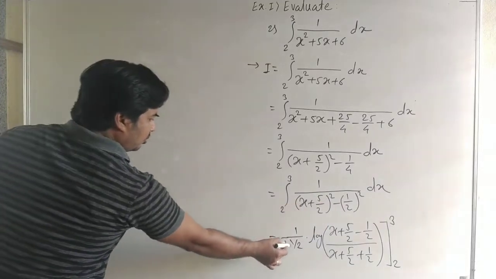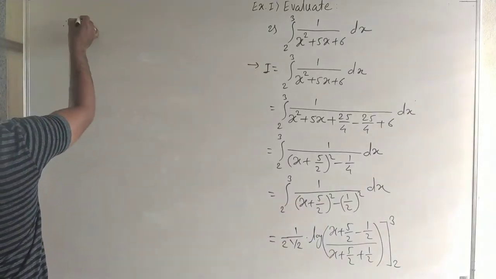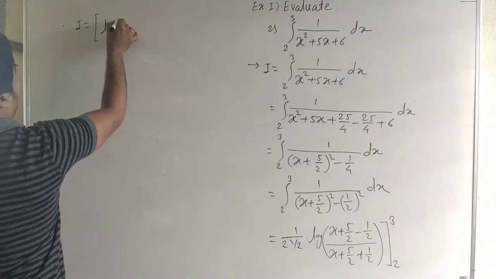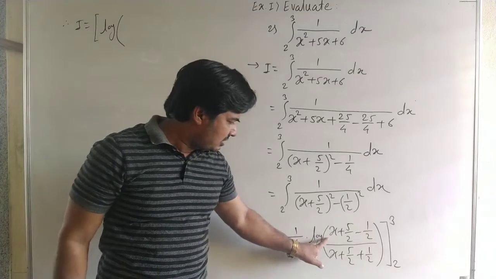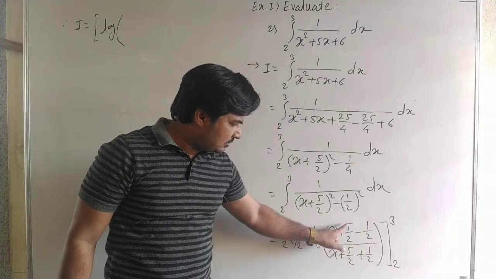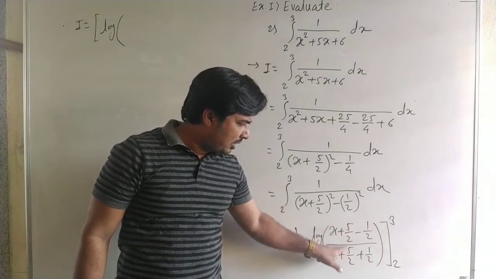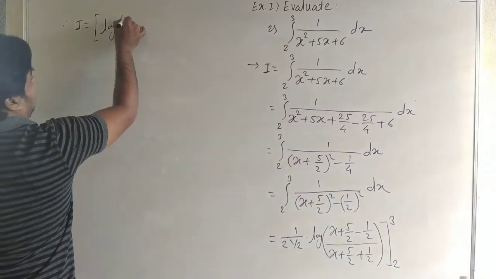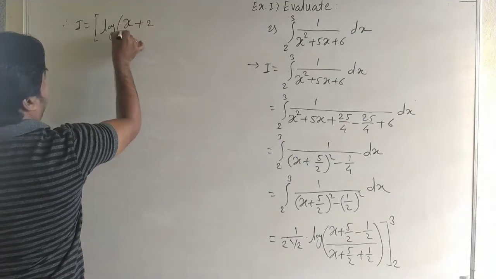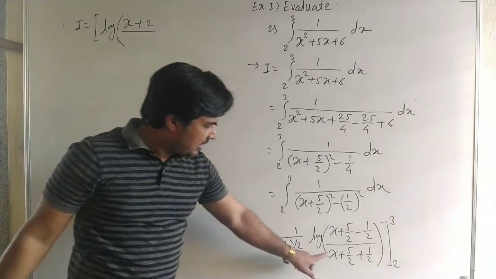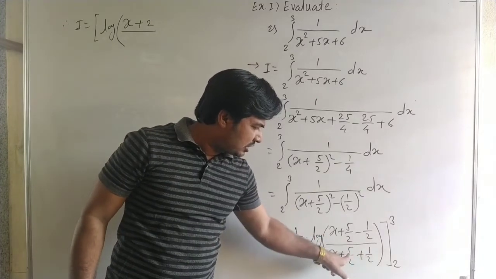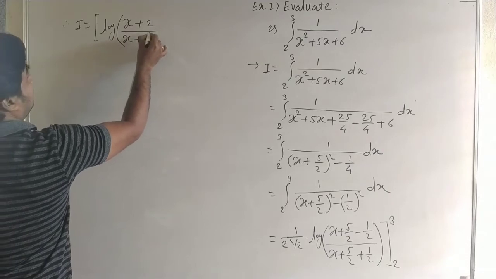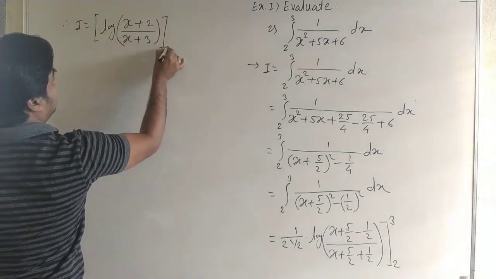Now here the 2 gets cancelled, therefore the integral is equal to, carefully see, log of (x plus 5 by 2 minus 1 by 2), that is 4 by 2, 4 by 2 means 2, so x plus 2, upon, again here x plus 5 by 2 plus 1 by 2, it is 6 by 2, that is 3, it is x plus 3, and limit 2 to 3.